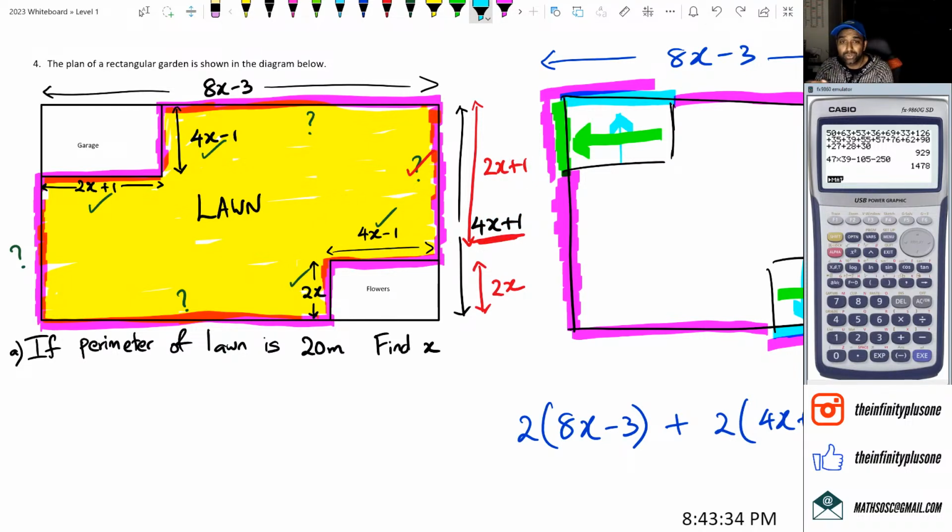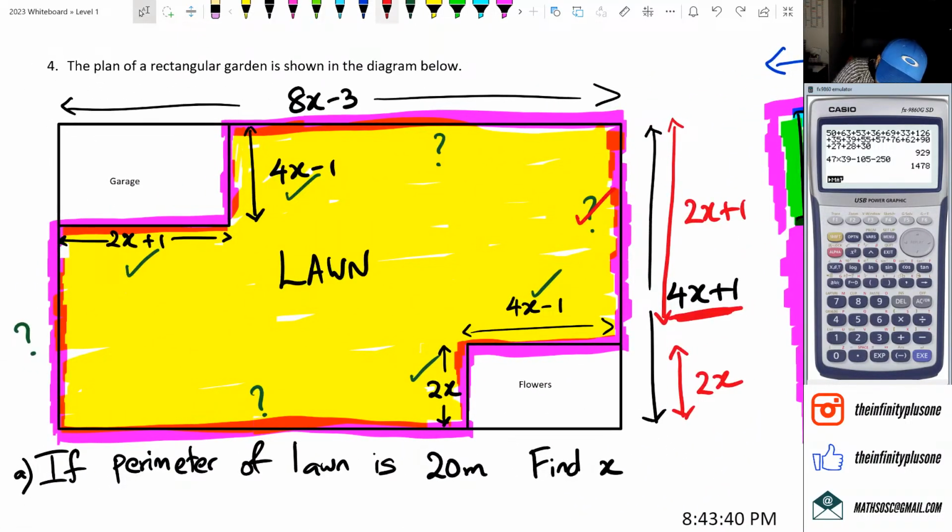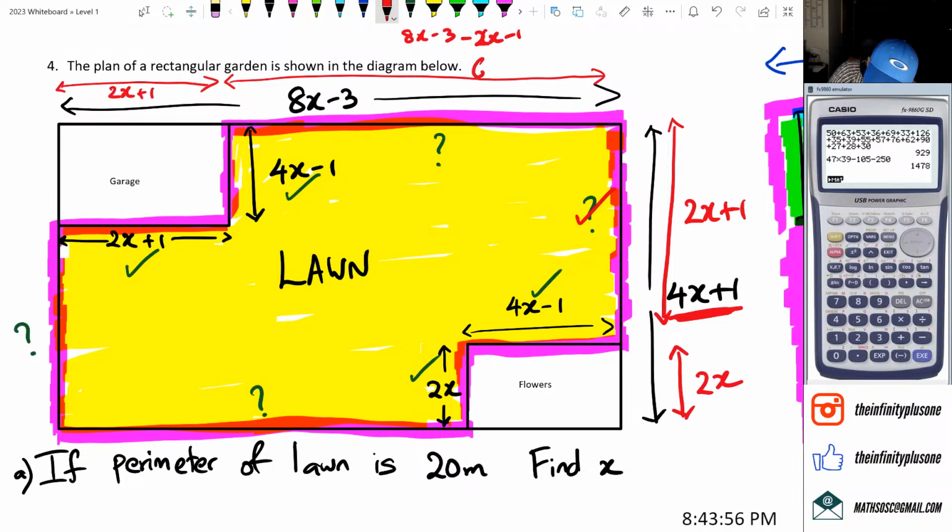You literally have to do that for each side. So in this case, we've got 2x plus 1 from here to here, and then from here to here we have 8x minus 3 minus 2x minus 1, so that's going to be 6x minus 4. So that's that distance covered.